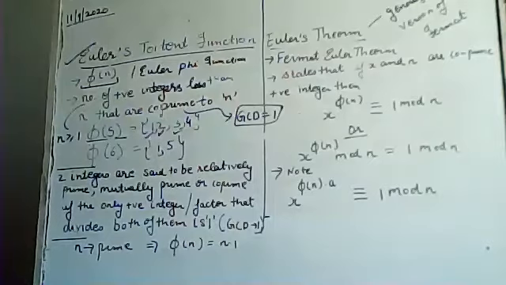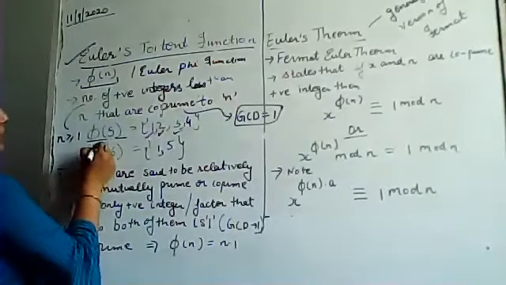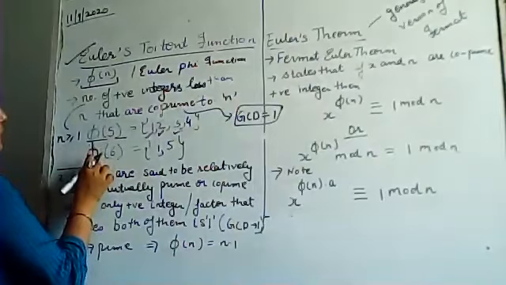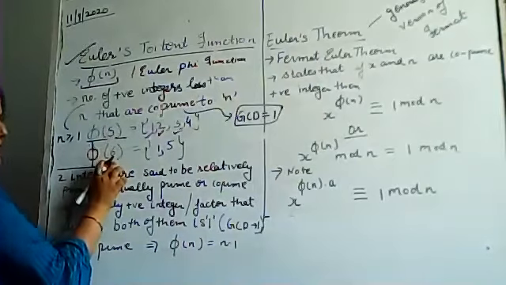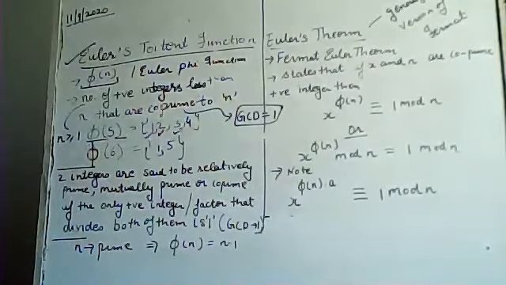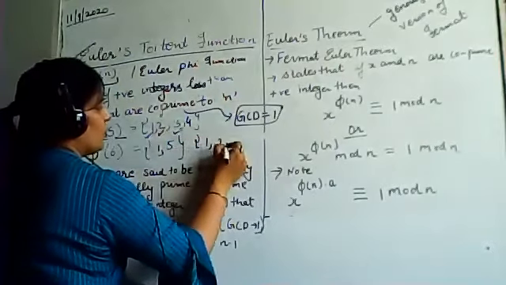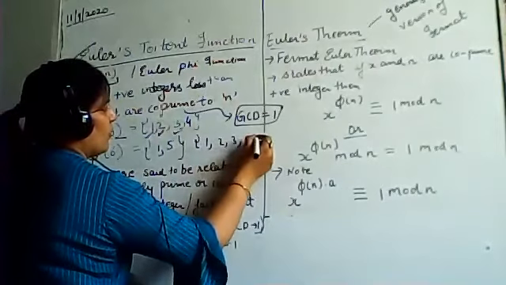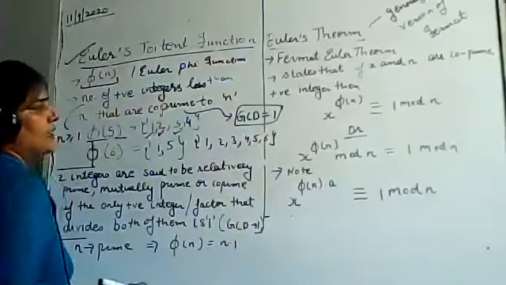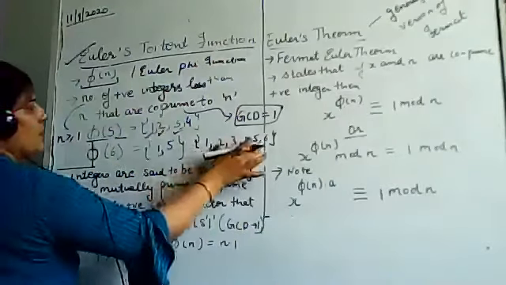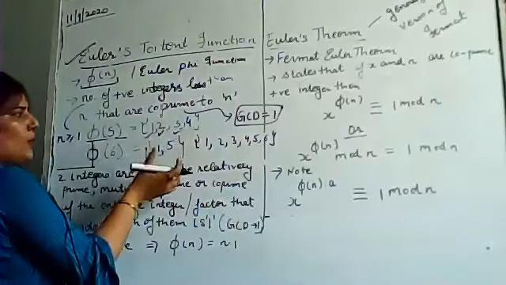Clear? Next, we will find the Euler totient function for the number 6. When we are talking about 6, how many numbers do we have? 1, 2, 3, 4, 5 and 6. All these numbers belong to this particular 6. How did we come to know?